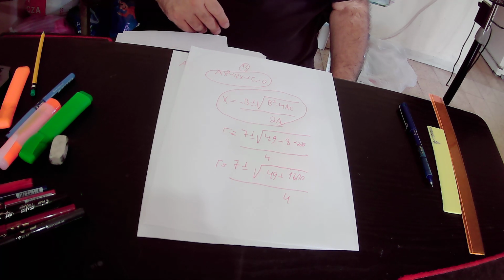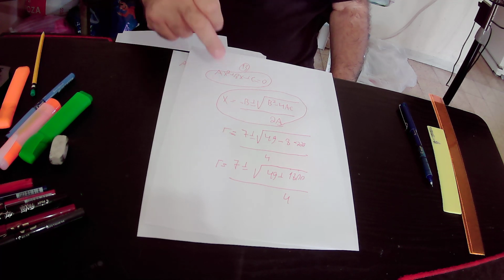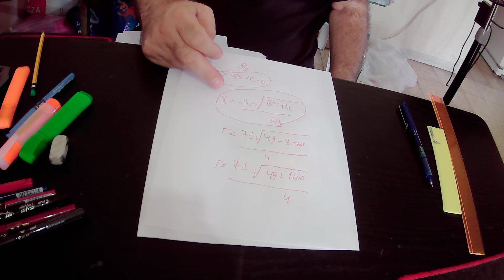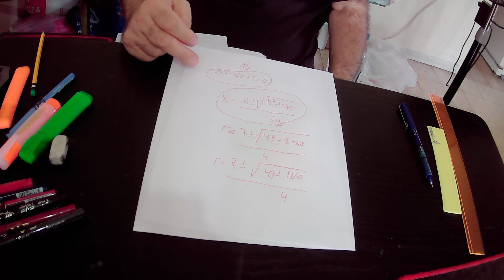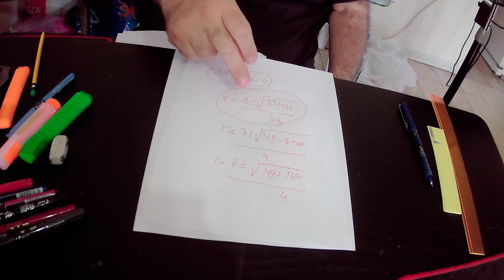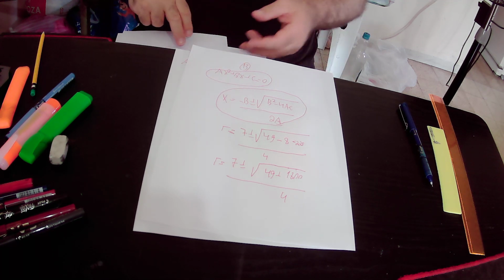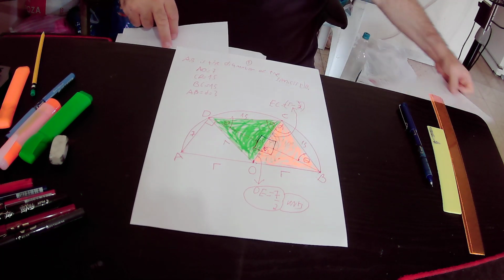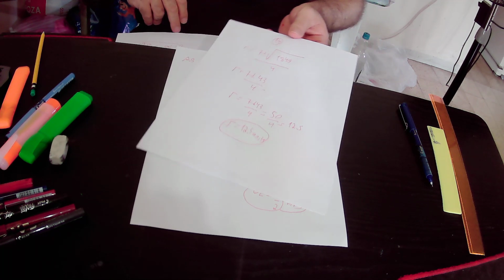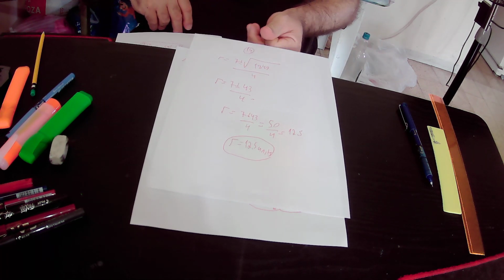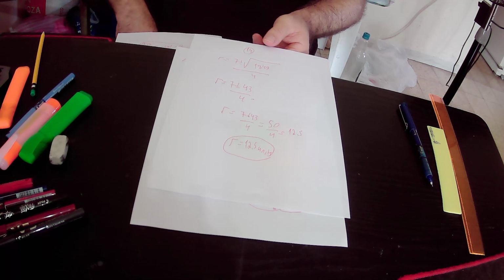We know that x in our quadratic equation equals R, b equals minus 7, c equals minus 225, and a equals 2. So we put the data into the formula, and we found that the radius of the semicircle equals 12.5 units.